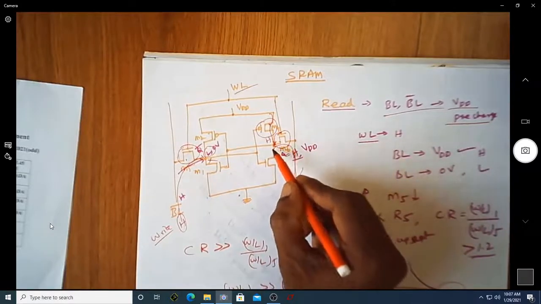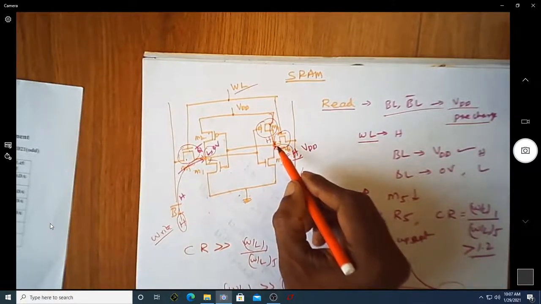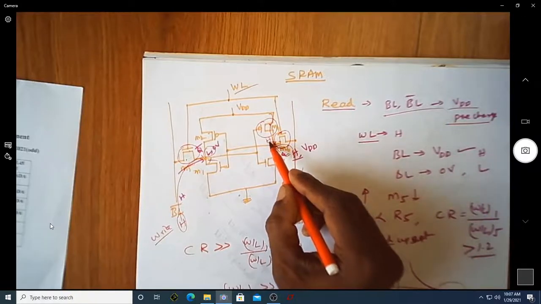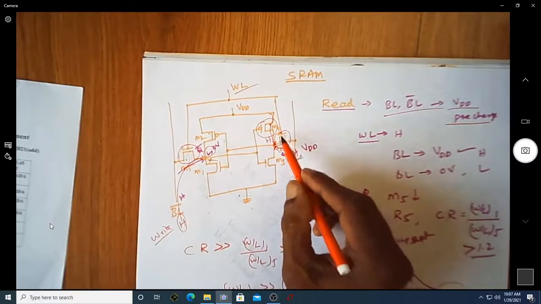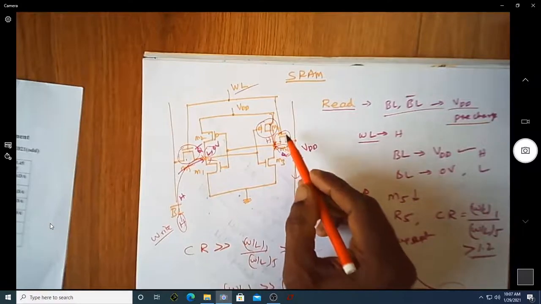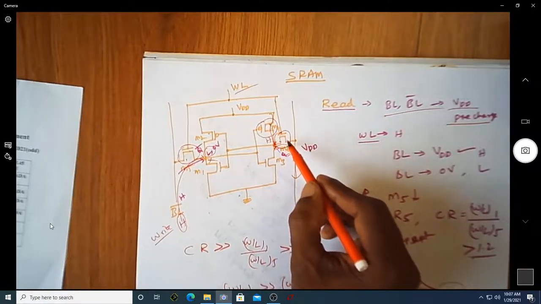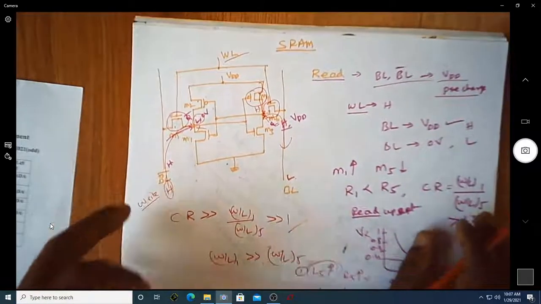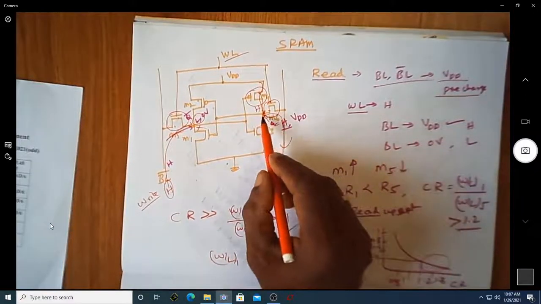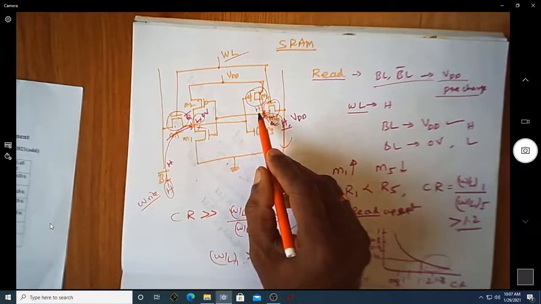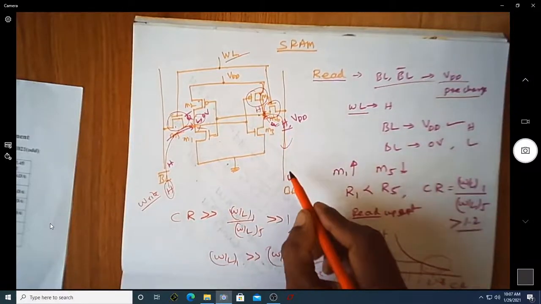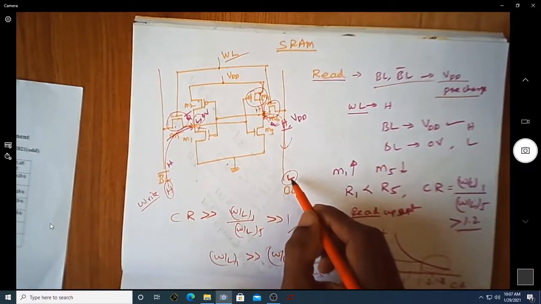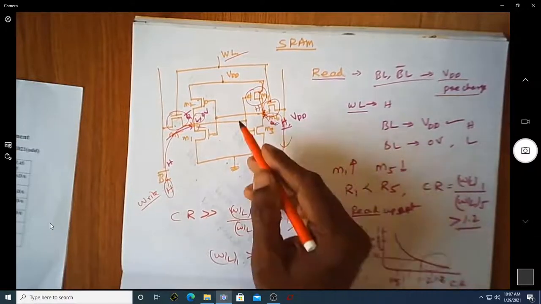Now the value at this point can remain high or can go low, depending on which one is stronger, whether M4 is stronger or M6 is stronger. What we are supposed to have is that whatever voltage H you have has to be overwritten by the actual value you want to write, because you are doing a write operation.